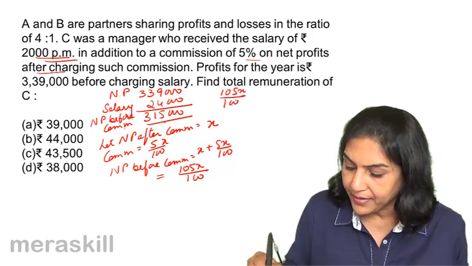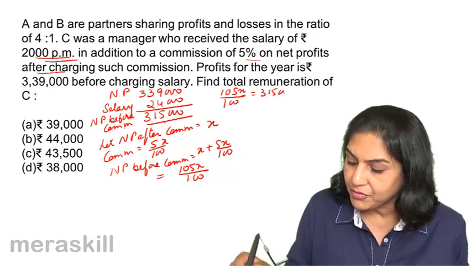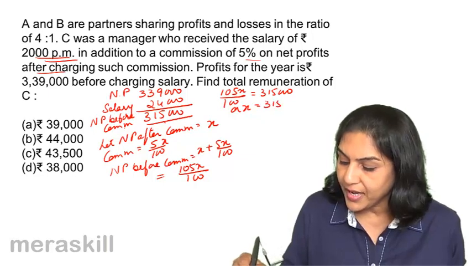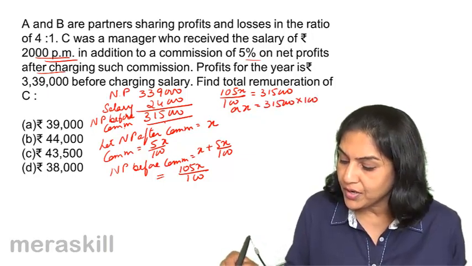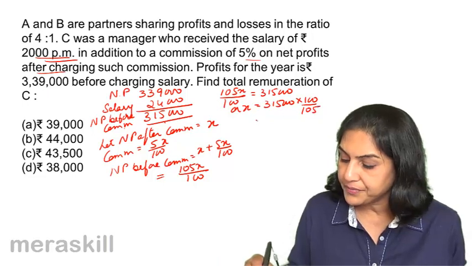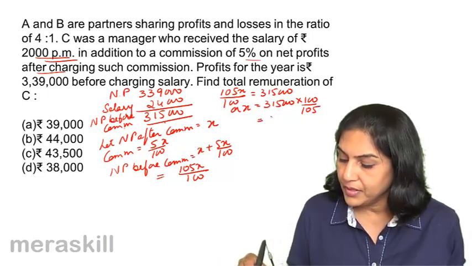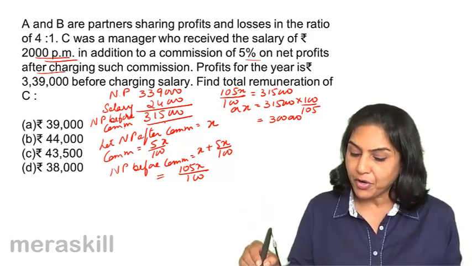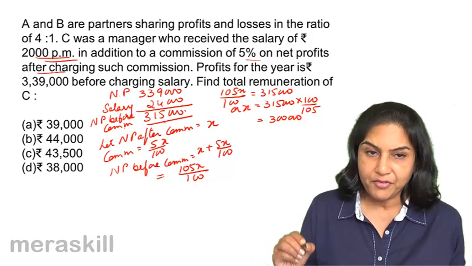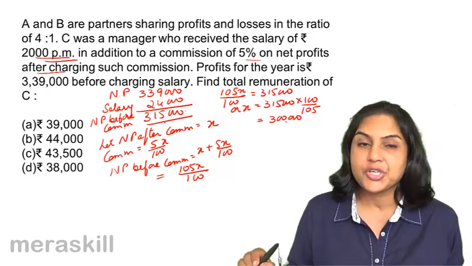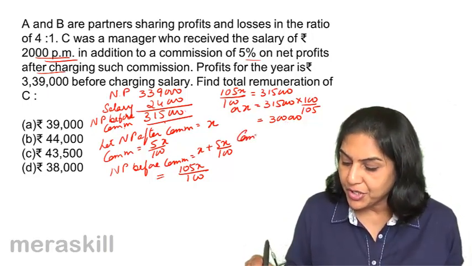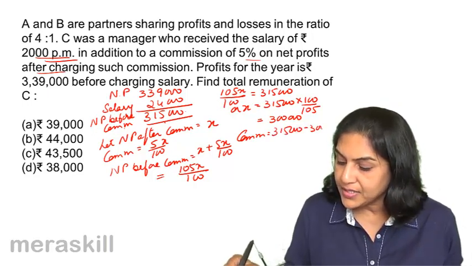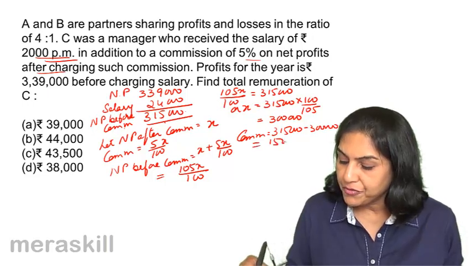105X by 100 is equal to 3,15,000, or X is equal to 3,15,000 into 100 by 105, equal to 3 lakh. So if the net profit before commission is 3,15,000, after commission it is 3 lakh, it means commission must be equal to 3,15,000 minus 3 lakh, equal to 15,000.